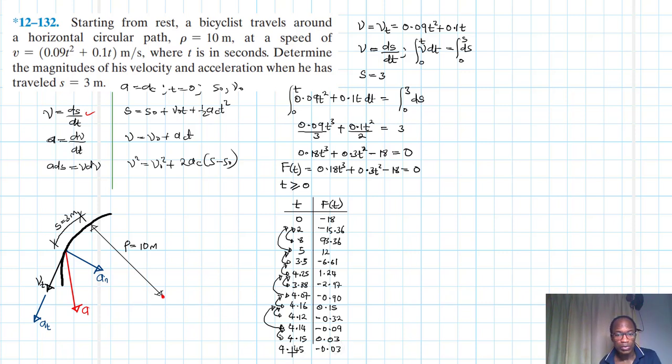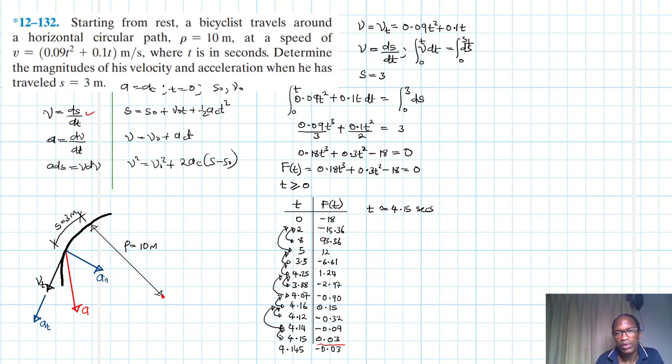Okay, so I'll pick this one here because when we round it off to 2 decimal places, it gets to the same value. Right, so our t is approximately equal to 4.15 seconds.